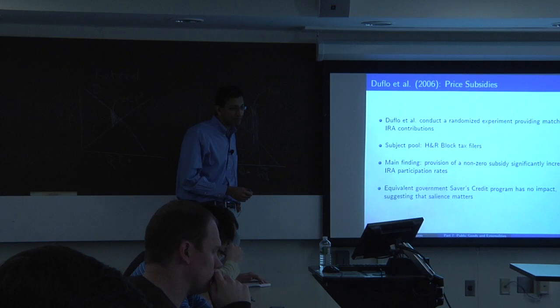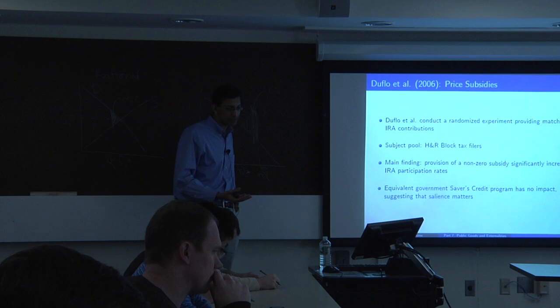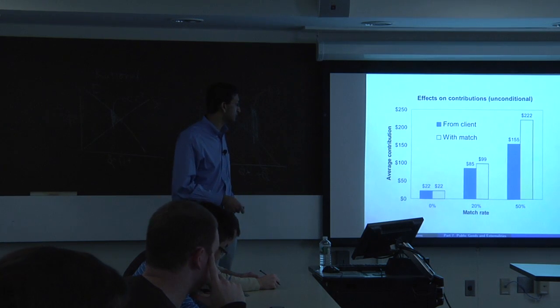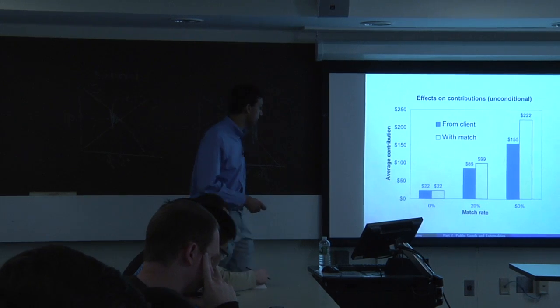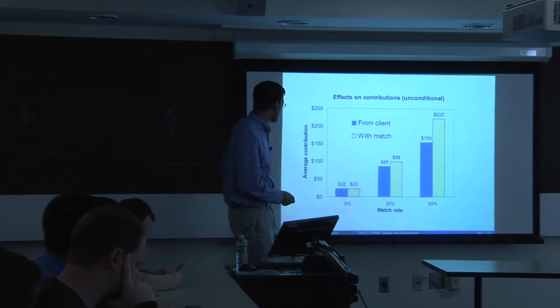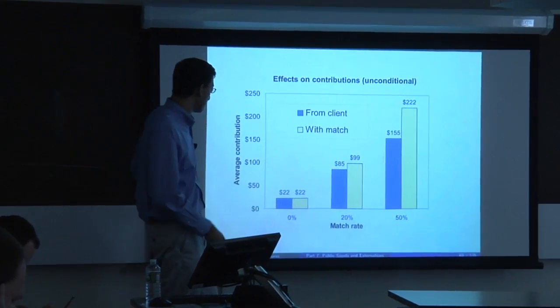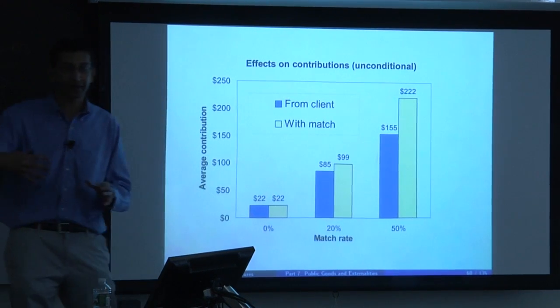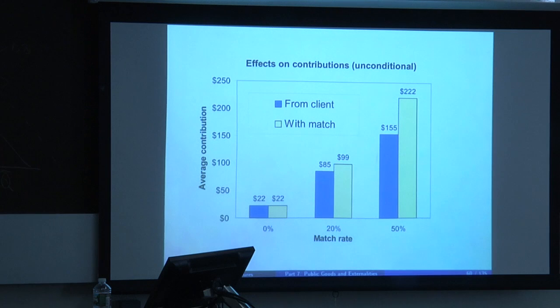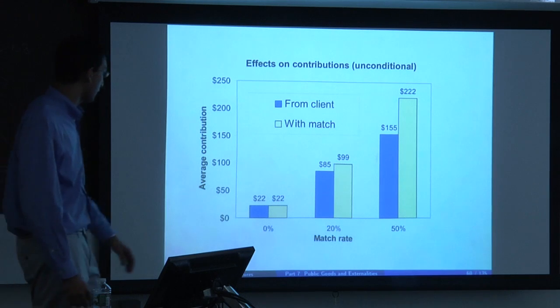And the main finding of this study is that providing a subsidy significantly increases IRA participation rates. So let's see that. It's a randomized experiment. You can see it just with a simple comparison of means. So let's focus on the blue bars, which are the amount of money that the individual put in, and then the yellow bars are just taking into account including the match that was provided. So there's a mechanical relationship between the blue and the yellow.